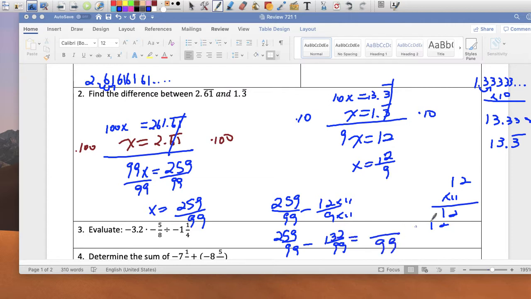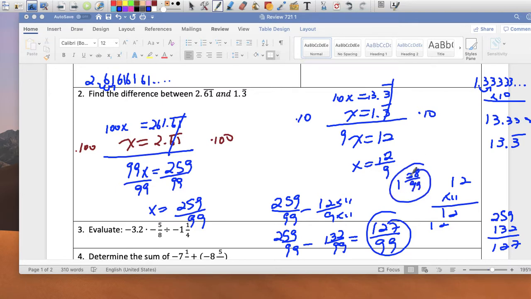So it's 99, and 259 minus 132 is 127. Can you leave it like this, or do you change it to a mixed number? It's going to be 128 over 99. If you change it to a, what do you call it? Mixed number.